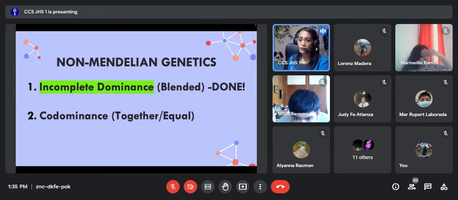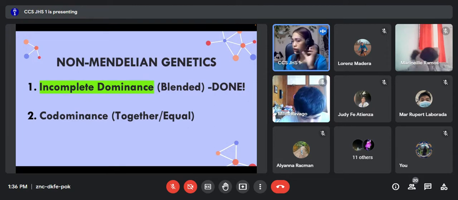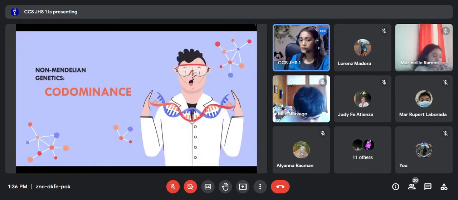And for example, co-founder, if there are at least five founders for a particular company or group, all of these individual founders call themselves co-founders because they are more or less equal in terms of the ownership they have in that group or organization. So when you talk about co as together or equal, this already gives us a hint of what we mean when we say codominance.